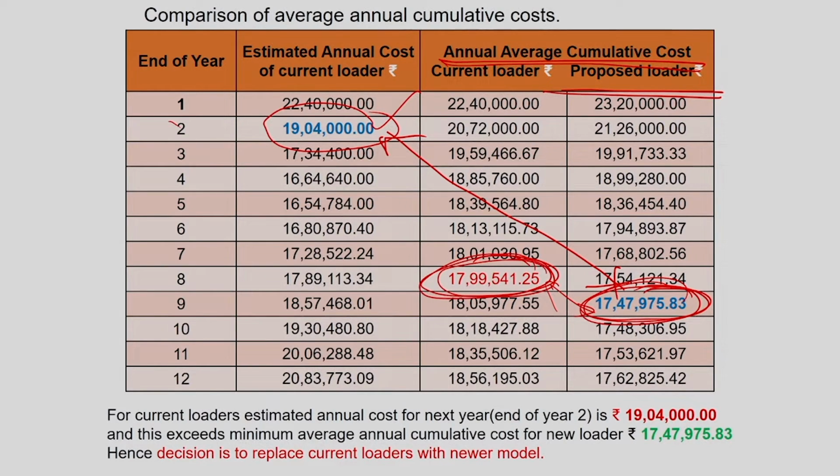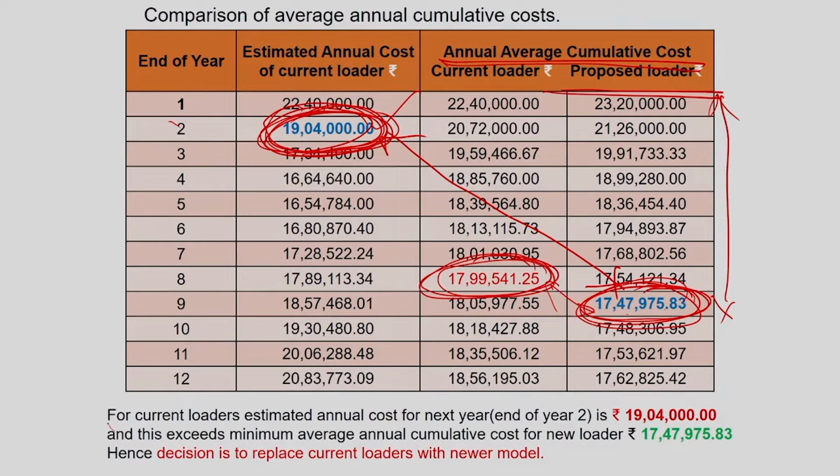Okay. So, it means that if you are going to hold your proposed loader with you for 9 years, the average annual cumulative cost which you will incur for the 9 years will be 17,47,975, which is lesser than the estimated annual cost for the current loader for the next year, that is second year. Okay. So, that is why we are replacing it immediately.